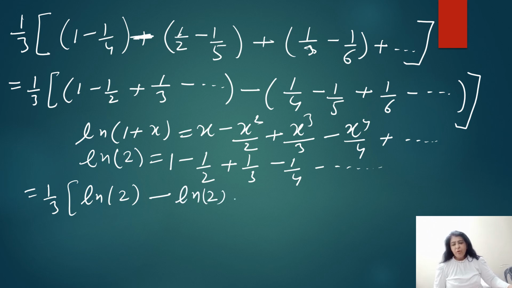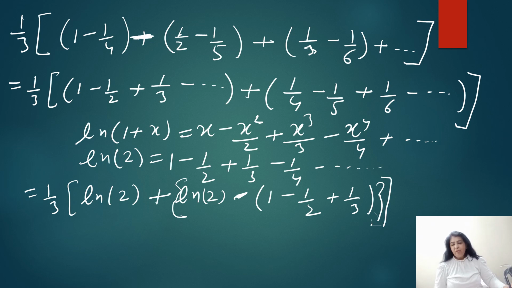Now what will you do? You will subtract 1 minus 1 by 2 plus 1 by 3, then you will get this term. Here it will be a positive sign. So what you will get is 1 by 3 into ln 2 and ln 2.